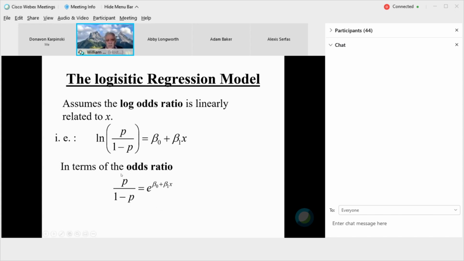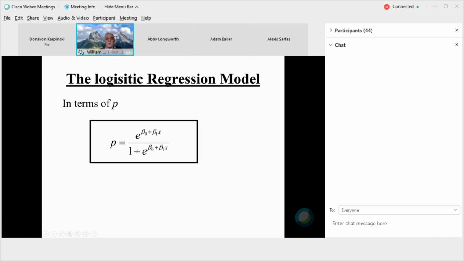So then you can solve for p over 1 minus p. It'll be e to the beta naught plus beta 1x. And then you can solve for p. P will be equal to e to the beta naught plus beta 1x over 1 plus e to the beta naught plus beta 1x.